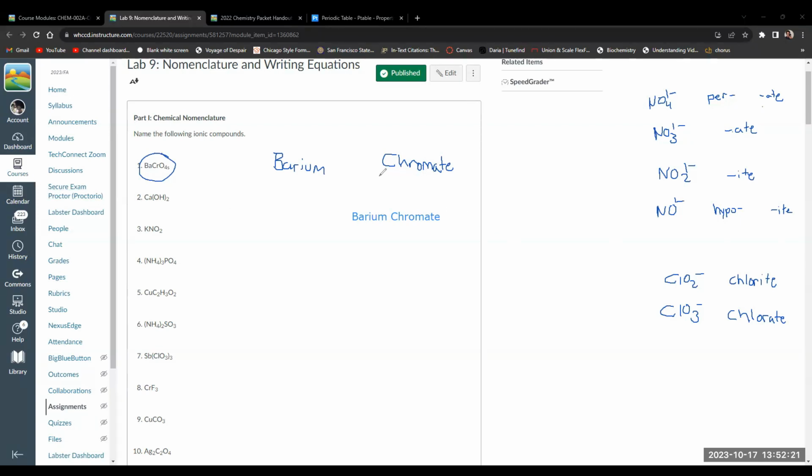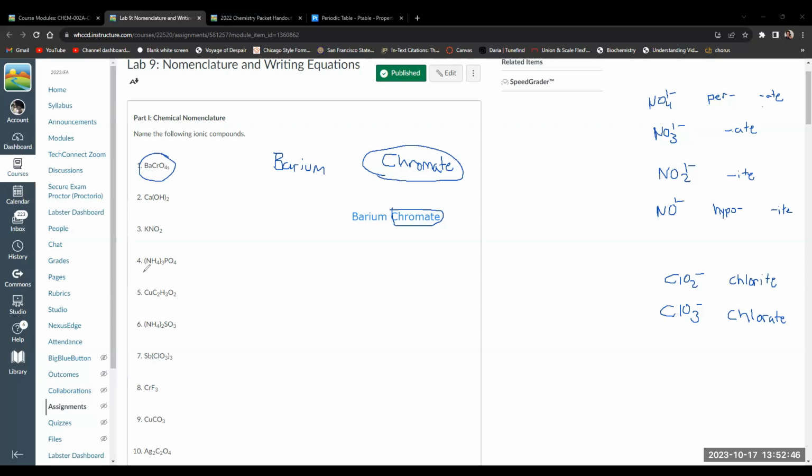So whatever they're named, we're keeping that name. We're not dropping any letters from this polyatomic. And again, because we are an ionic compound, we are not worrying about prefixes.